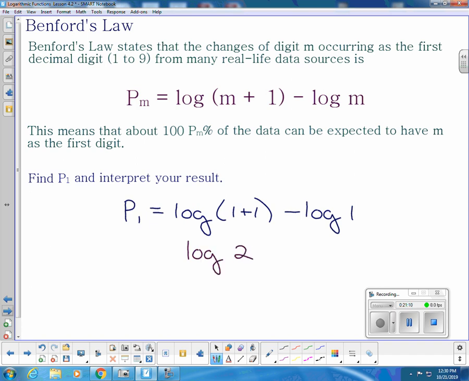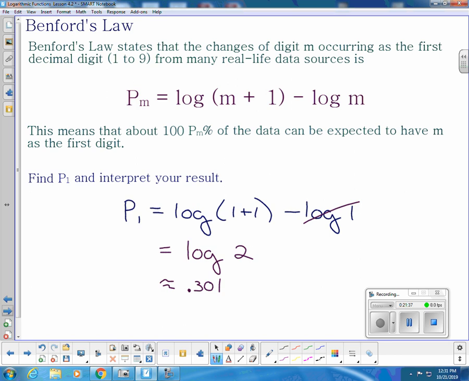What exponent do I put with something to get a 1? 0. So when you have the log of 1, you can just cancel that out. You're going to pick your calculator up. What is the log of 2? .301.